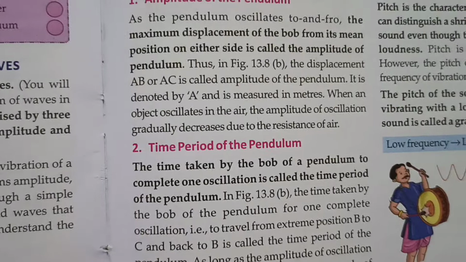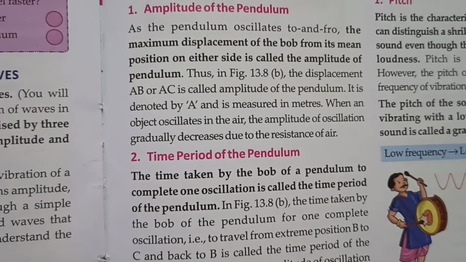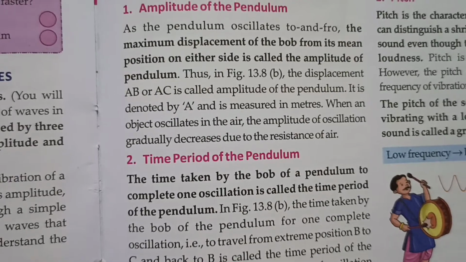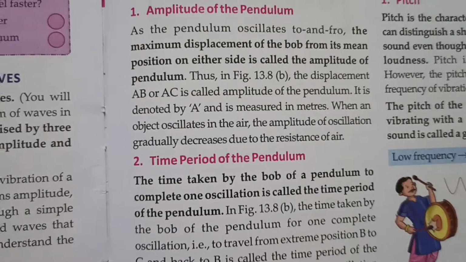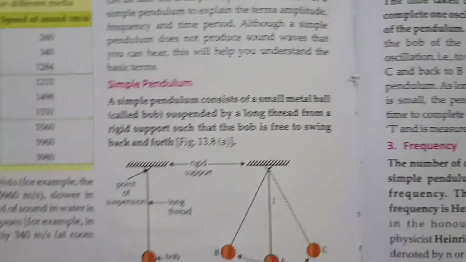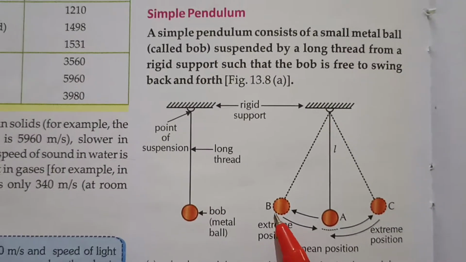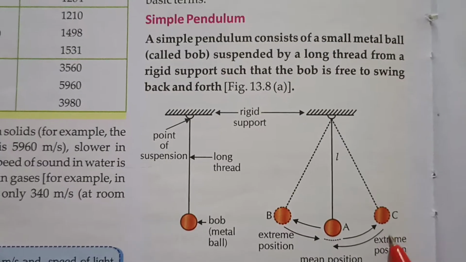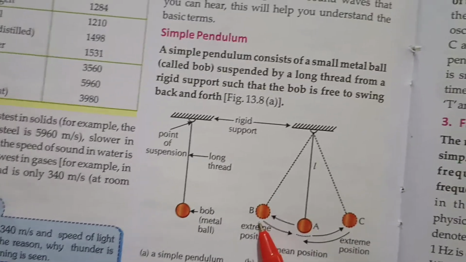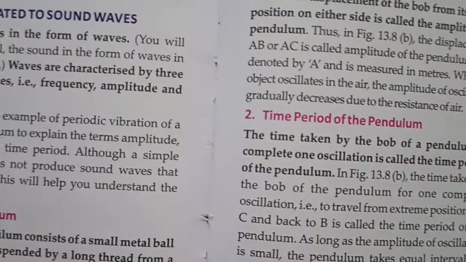Next, time period of the pendulum. The time taken by the bob of a pendulum to complete one oscillation is called the time period of the oscillation. So the bob going from B to C and coming back to B is called the time period of the pendulum.